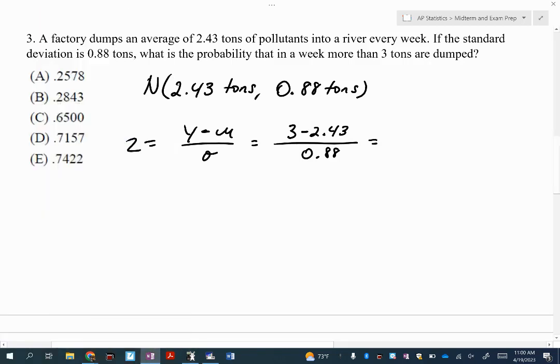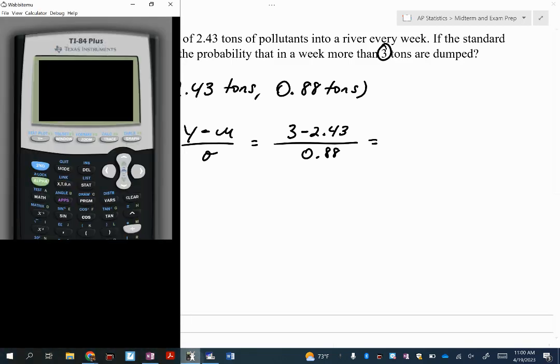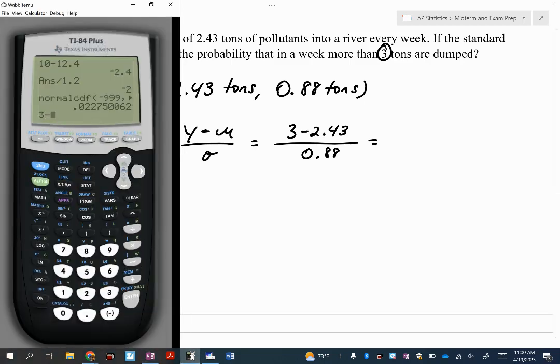As in the problem, it says we're trying to figure out the likelihood that in a week more than 3 tons are dumped. So if it said more than 5 tons, I would have chosen 5. So 3 minus 2.43 divided by 0.88. Now, what I'm going to do here is round.